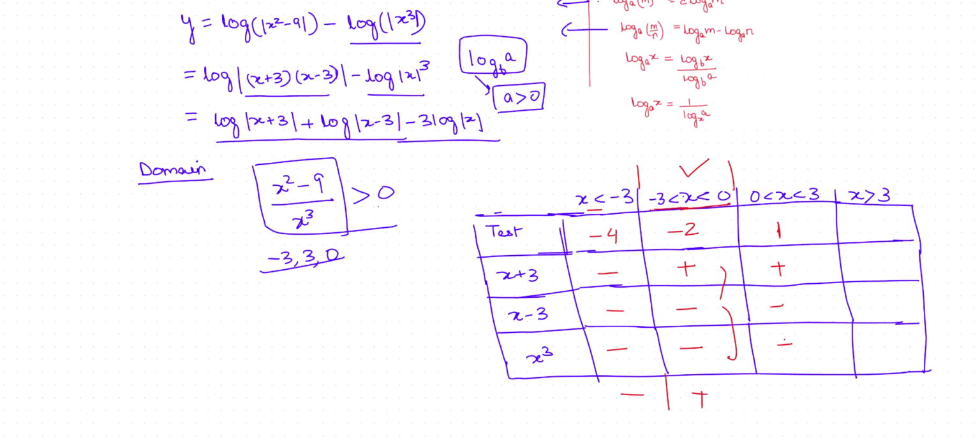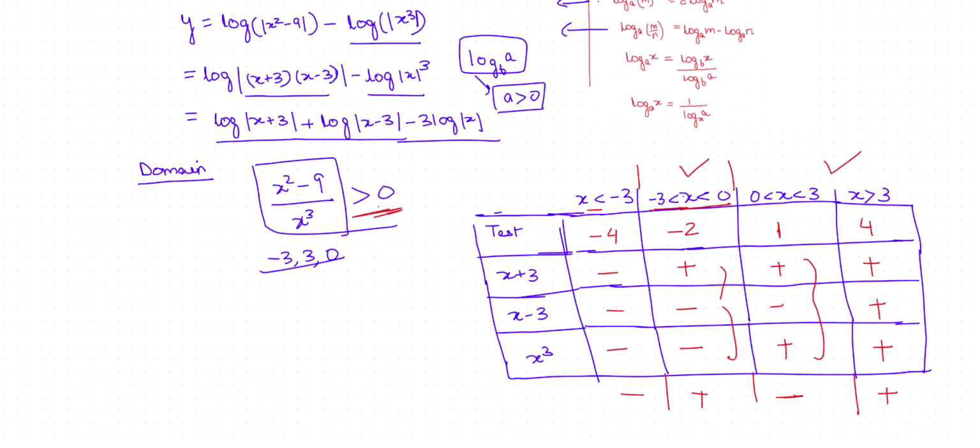So if we multiply all of these, the final answer would be negative, meaning this would be less than 0. But we want it greater than 0. So now let's test any number greater than 3. Suppose we take 4. So 4 plus 3 is positive, 4 minus 3 is positive, and 4 cube is positive. If we multiply all of this, we get positive, meaning this is also greater than 0.